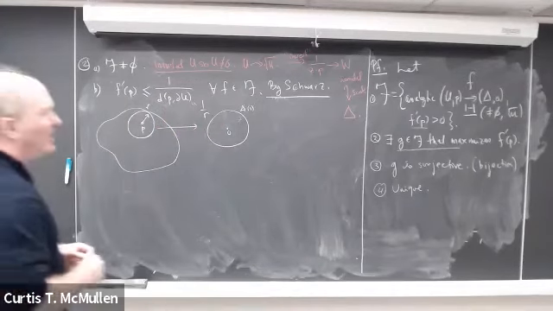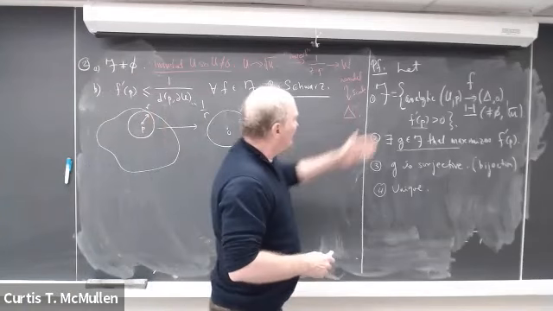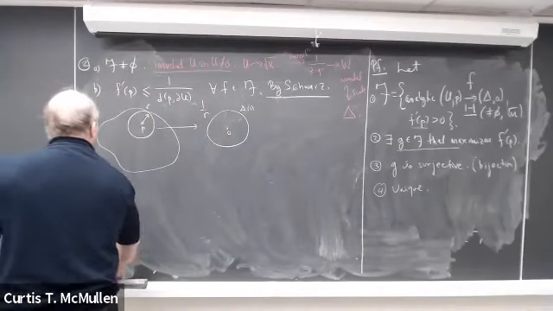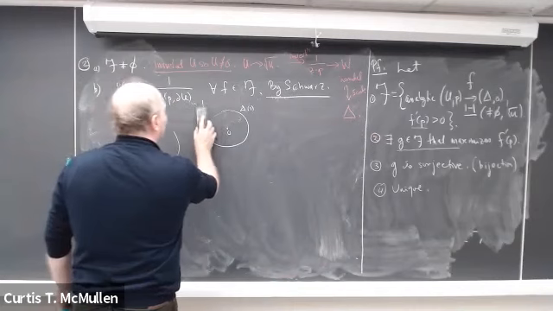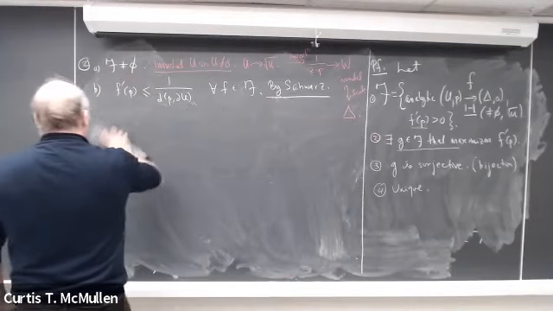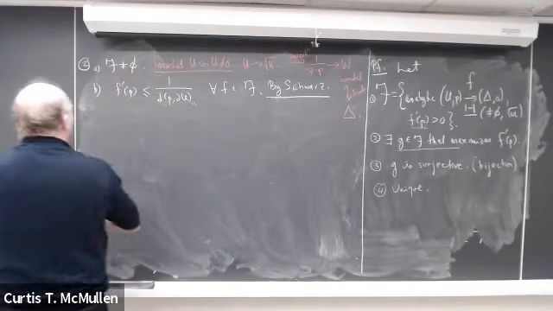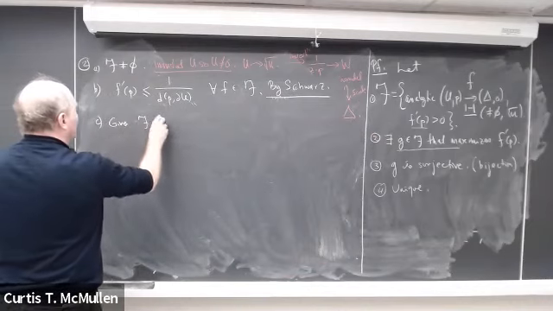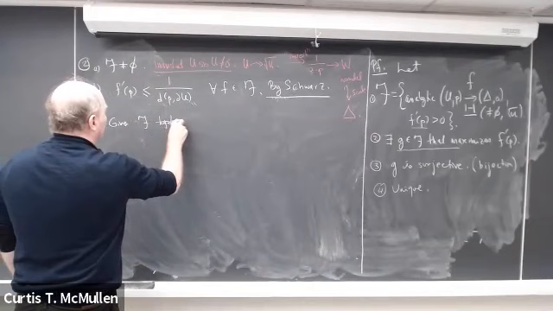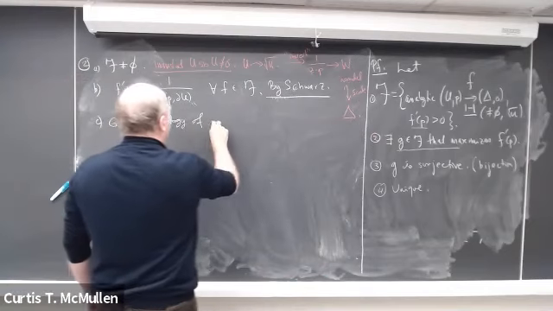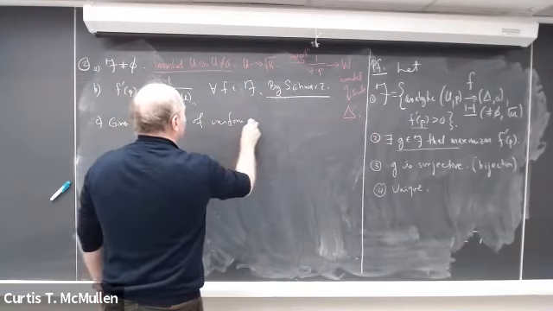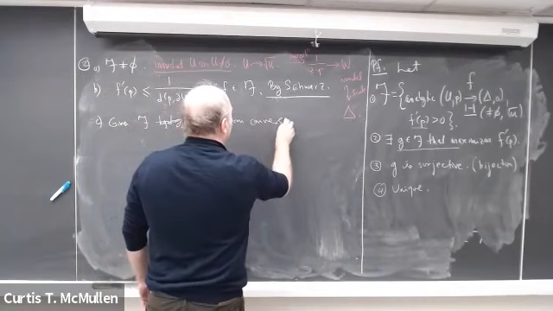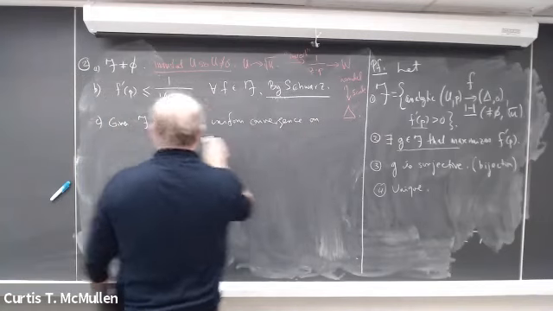Okay, so what topology should we put on F if we want to apply that argument? So this now is just a definition. We give F the topology of uniform convergence on compact sets.